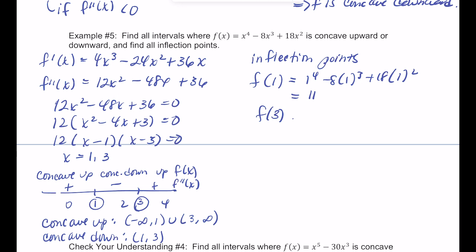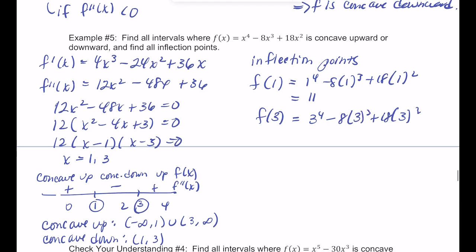Okay, and then if I plug in a 3, I would get 3 to the 4th minus 8 times 3 cubed plus 18 times 3 squared. And that's going to give us 27. So I've got two inflection points. One of them is going to be at (1, 11), and the other is going to be at (3, 27).